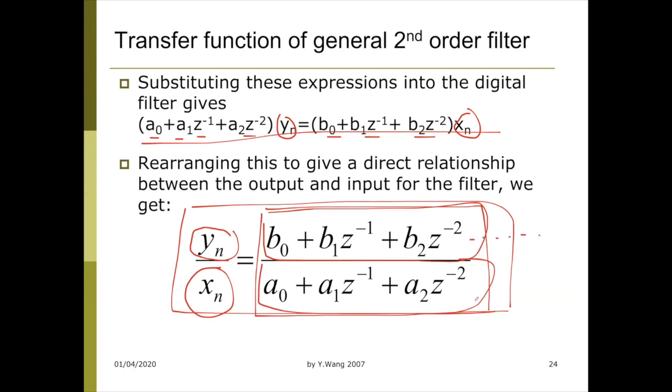You can have more terms. And the denominator takes shape with the coefficients a0, a1, a2. Those are coefficients applied to previous output samples, and the numerator coefficients are applied to current and previous input samples. So those are the digital filter form.